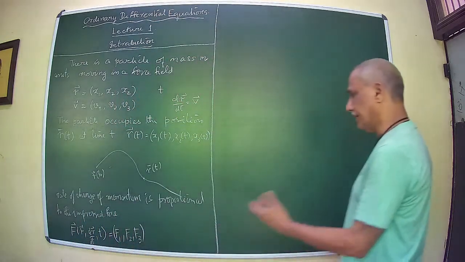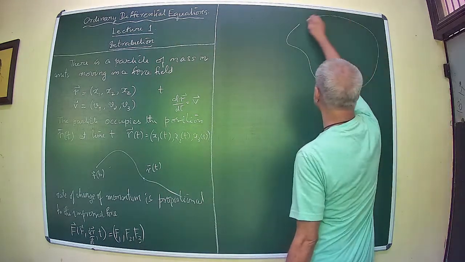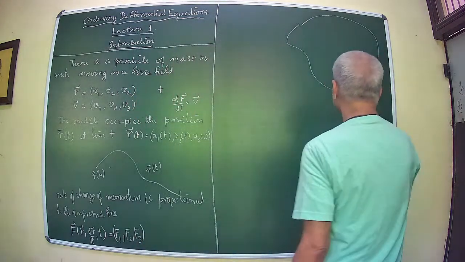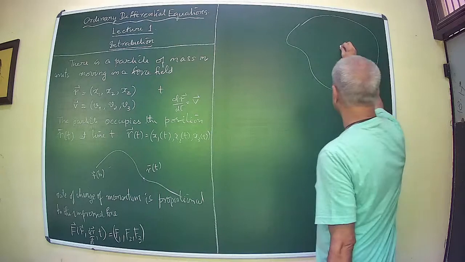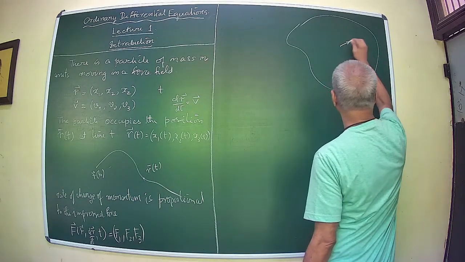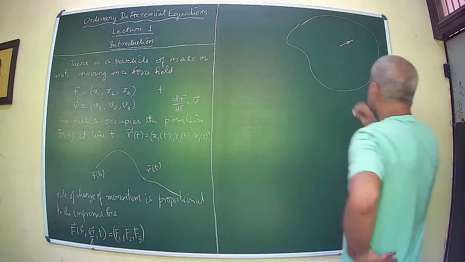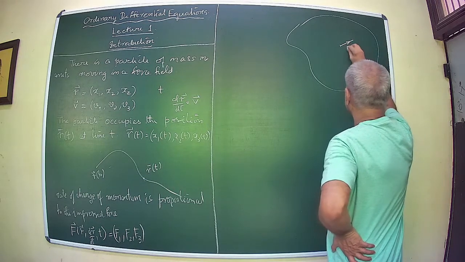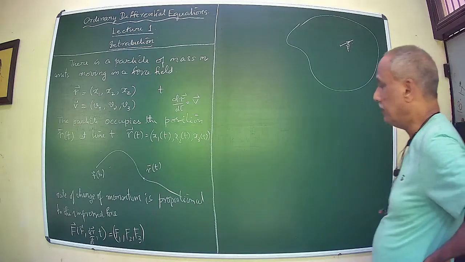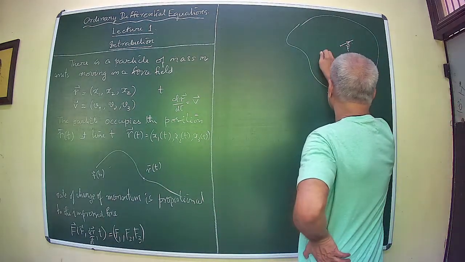Okay. So what is the scenario? Suppose this is the space in which you are moving, actually 3-dimensional. There is a vector associated with each point, denoted by F, which has components F1, F2, F3, and you have a force field like this.